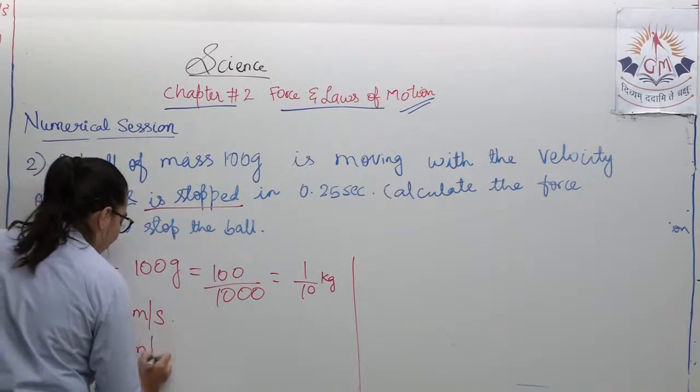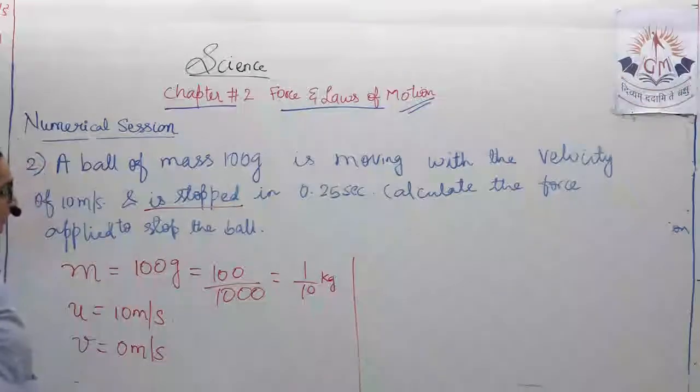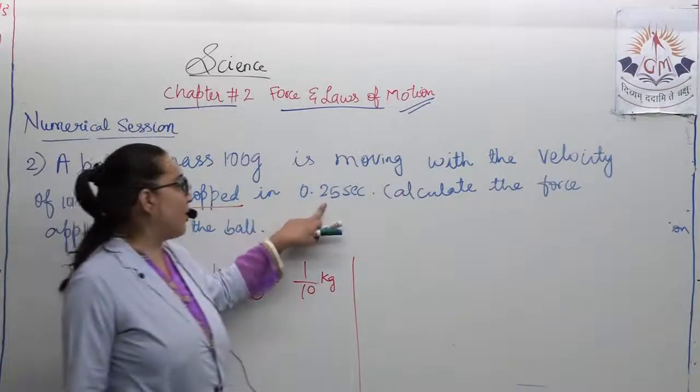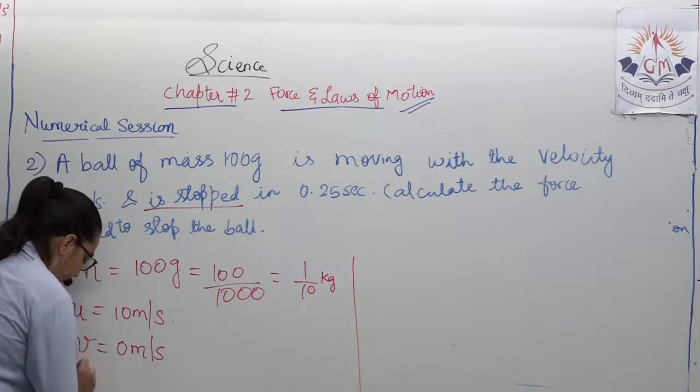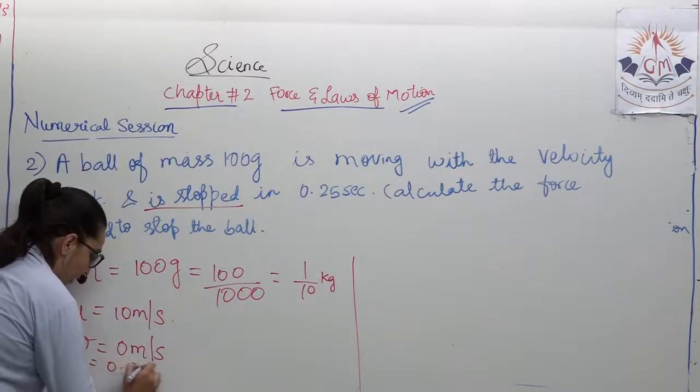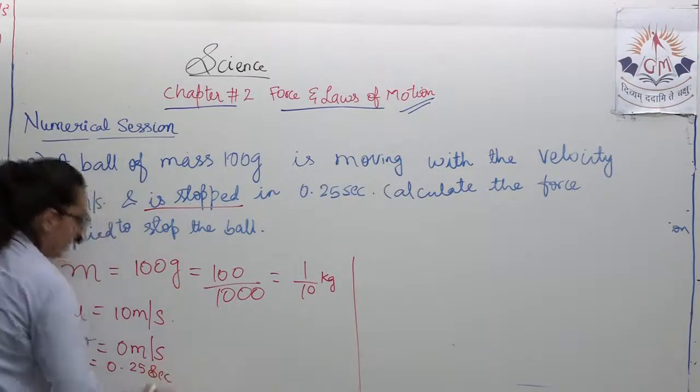So here you have the final velocity as 0 meter per second. The time is 0.25 seconds.